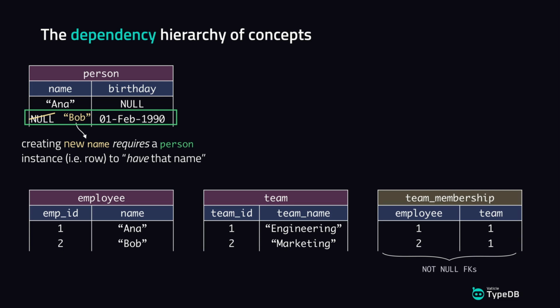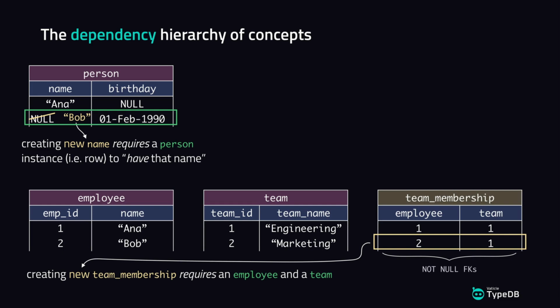What that means is that in order to instantiate a new team membership, and so in order to add a new row in the table, we require the existence of an employee, and we require the existence of a team. So in this case, we can add an additional row to the team membership table because we already have an existing employee, Bob, and an existing team, engineer. So again, this is the same principle of concept dependency.